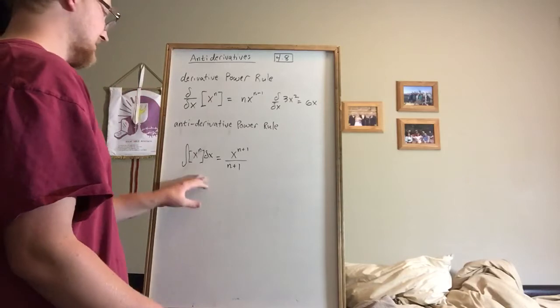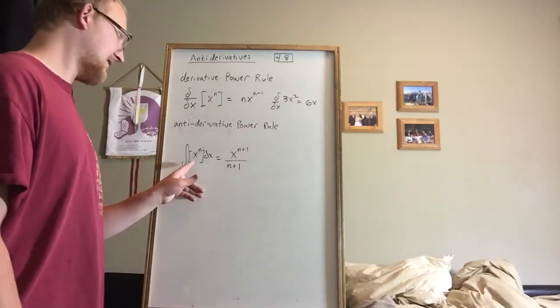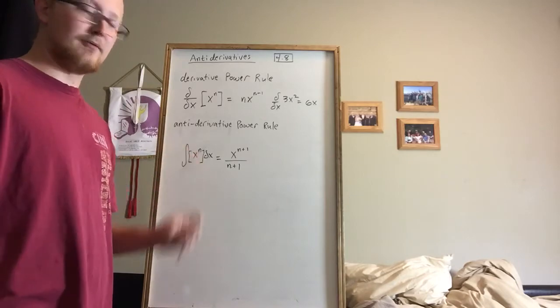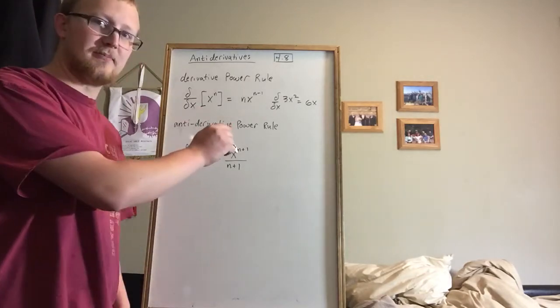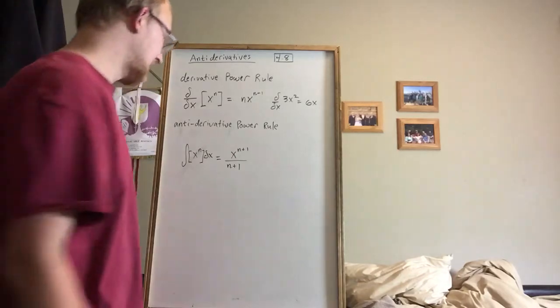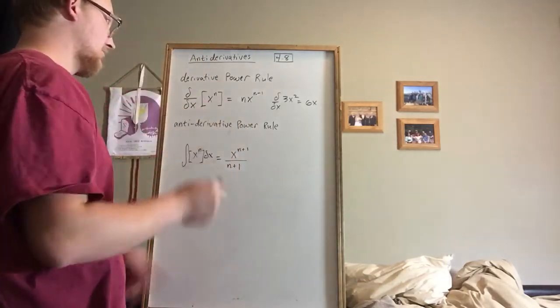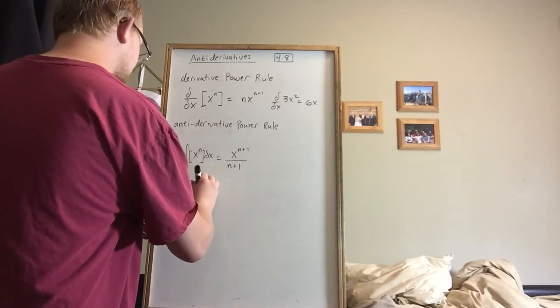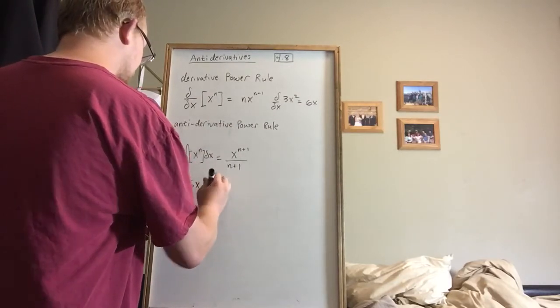It turns out how you do that is the antiderivative of x to the n: instead of subtracting 1 from the power, we add 1 to the power, and we divide by what the power became. So to put that through the ropes, let's take 6x. The antiderivative of 6x with respect to x, or dx.